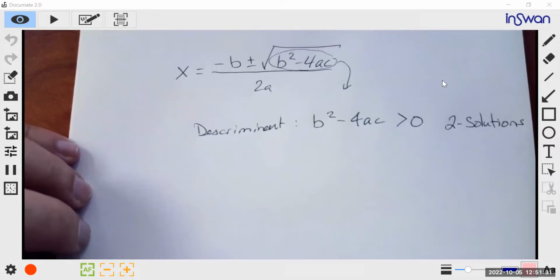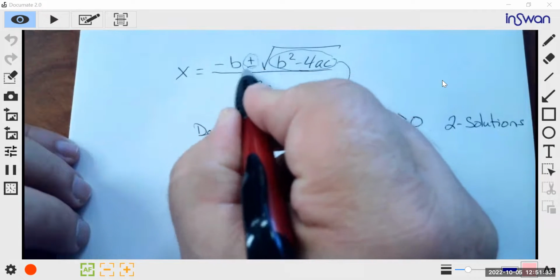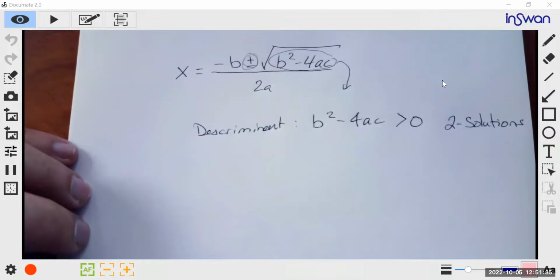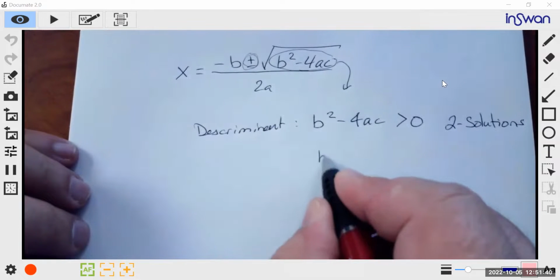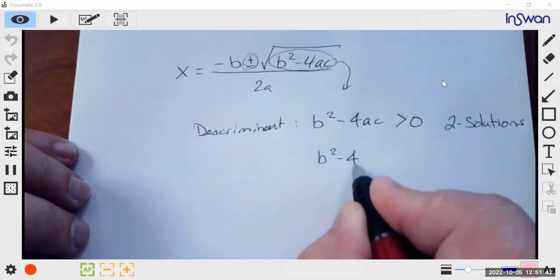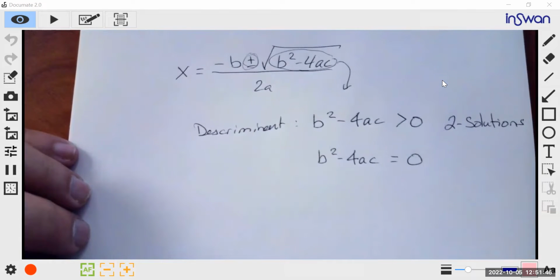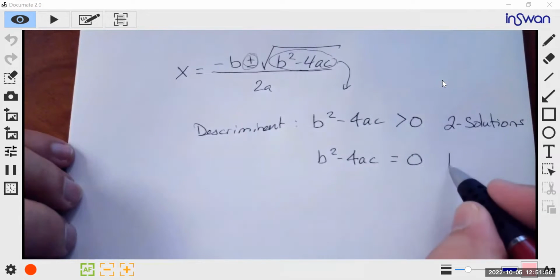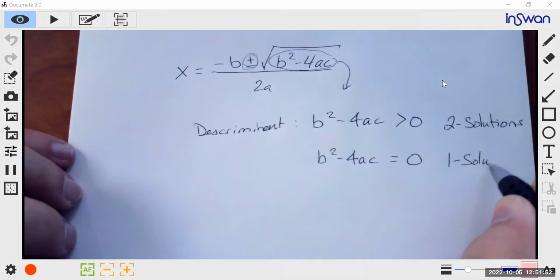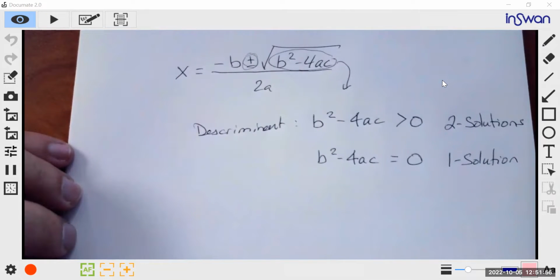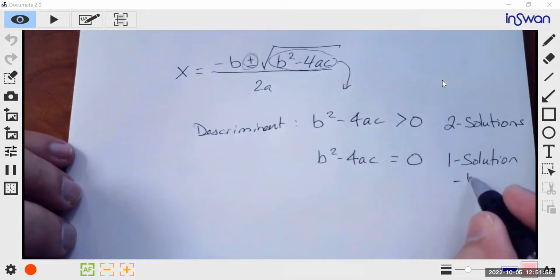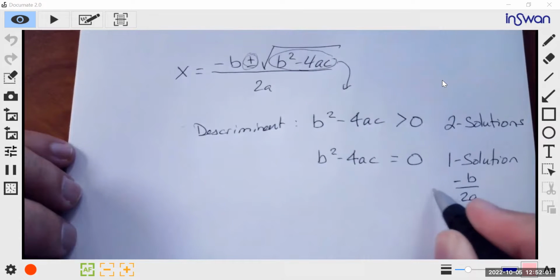Why will we have 2 solutions? Because of the plus or minus in the front. One's positive, one's negative. If it's equal to 0, we're only going to have 1 solution. And that solution is negative b over 2a.